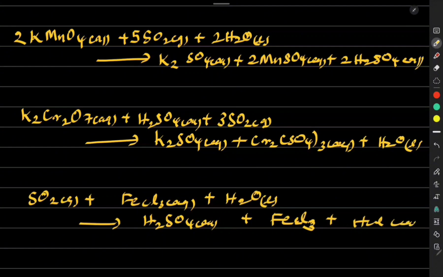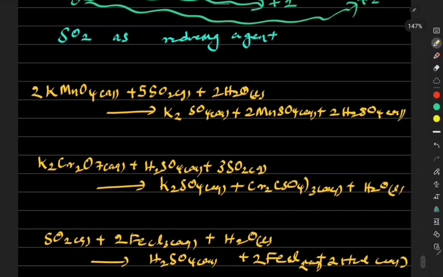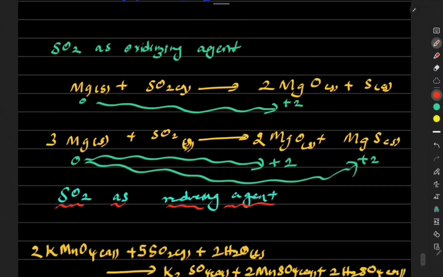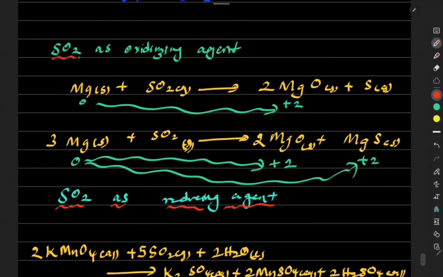Let's balance this. 2Fe, sorry, this is FeCl2, and the sulfur is balanced, and this is 2HCl. These are the reactions for SO2 as a reducing agent.